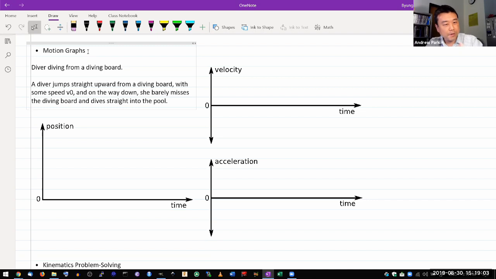And I think your homework question ends here, but let me add a little bit more so that I have a more interesting motion graph to sketch into the pool.